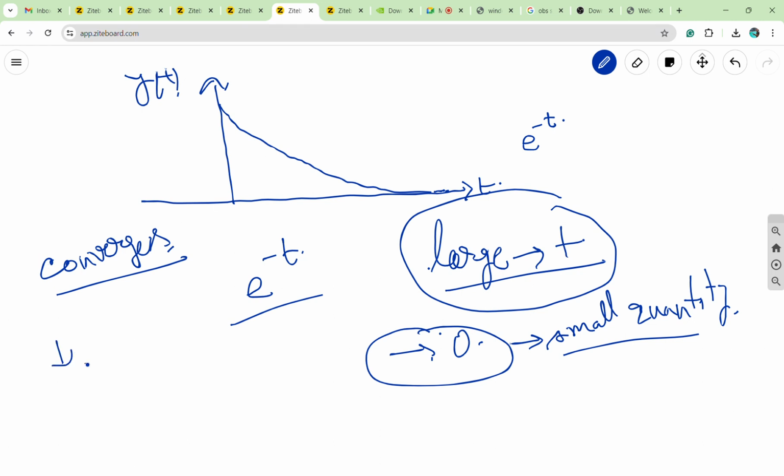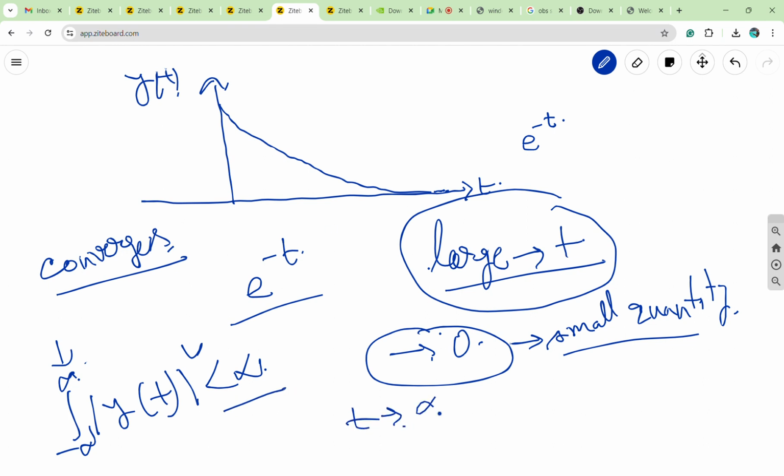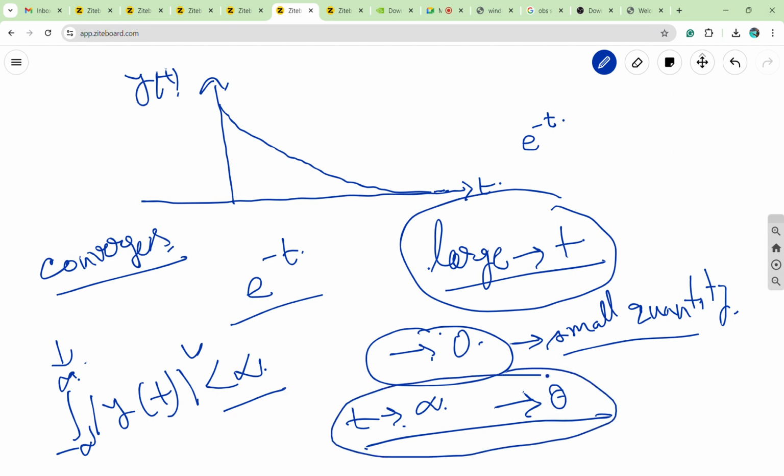So see, for this particular signal, if I take the integral of |y(t)|² from minus infinity to infinity, it is obviously less than infinity, because as t becomes infinite, it becomes zero. The signal does not become infinite as t tends to infinity. If t becomes infinite, this signal becomes zero. So we cannot say that this signal is unbounded.